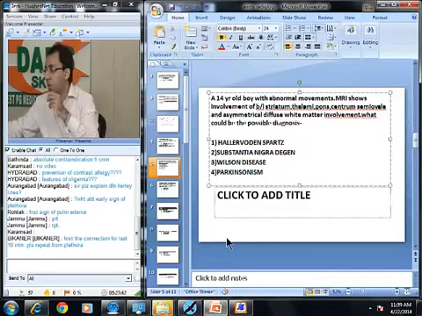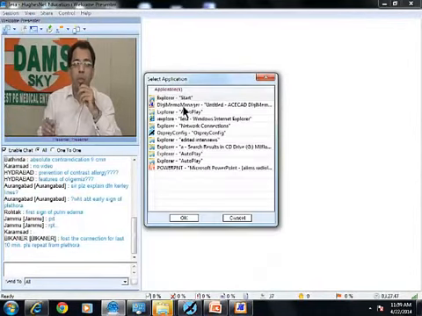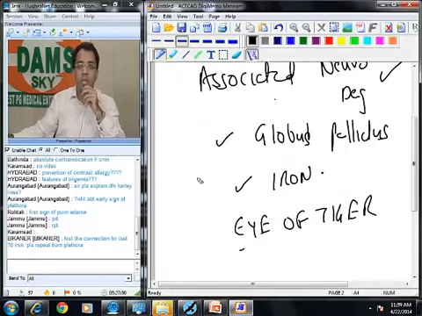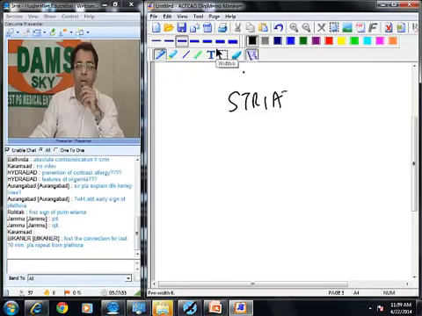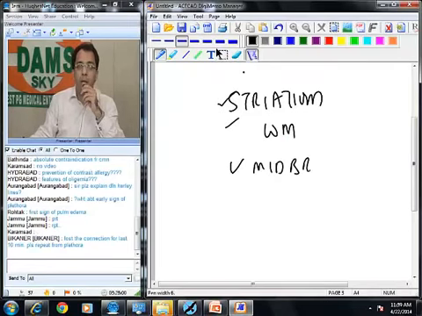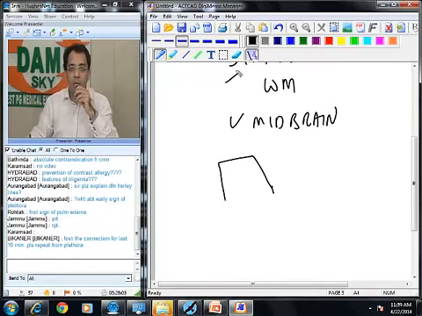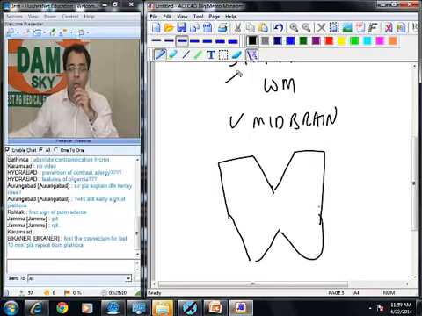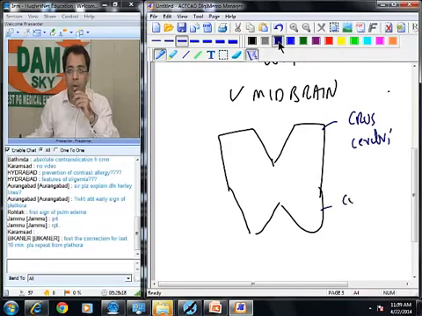Another point about Wilson's disease, which is very likely to be asked as a question. Wilson's disease shows the involvement of, let me write down, striatum, white matter, midbrain. And whenever you see midbrain involvement, which part of the midbrain is not involved in Wilson's disease? Okay, let me show you. This is midbrain. This is crus cerebri. And this is colliculi.